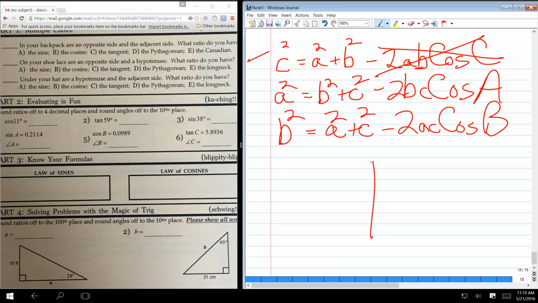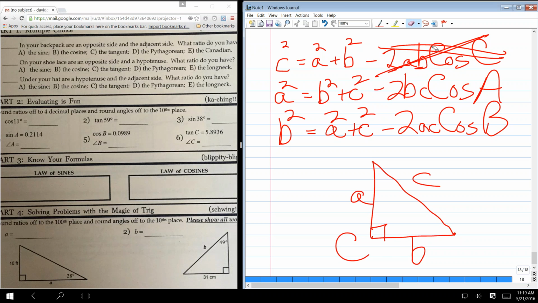Because even for a right triangle where the Pythagorean theorem holds, I could use the law of cosines. In other words, we know that in a right triangle, c squared is equal to a squared plus b squared. Well, in a right triangle, angle C is 90 degrees, and this goes to 0. So it's not a bad way to check it if you ever forget what it is, knowing the Pythagorean theorem. It's basically a modification of the Pythagorean theorem.